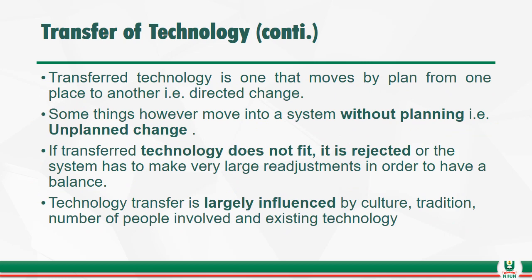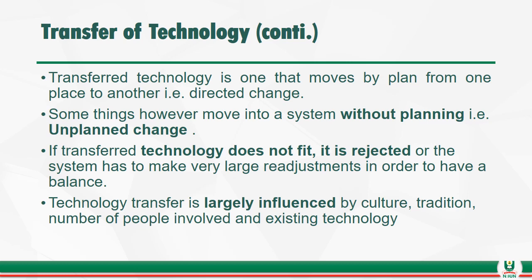Furthermore, transferred technology is one that moves by plan from one place to another. I think that was what was said before. And when we do that, we are talking about directed change. Some things, however, move into a system without planning, and that is unplanned change. So we have directed change and unplanned change.